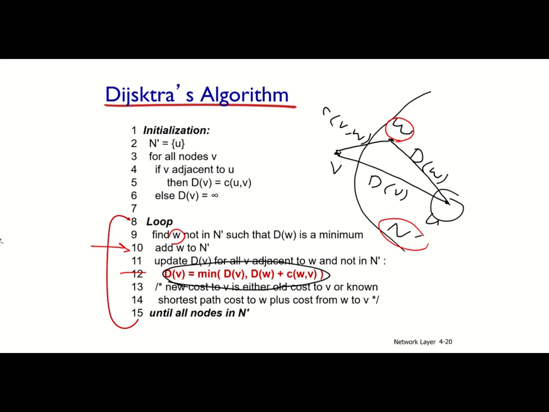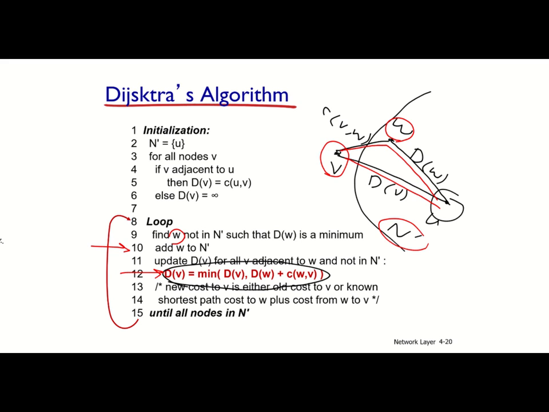What does this equation in line 12 mean? It means that in order to find the minimum distance from node u to node v, we have to find the minimum value between two possible paths: a path from u to v, and a path that goes through w.